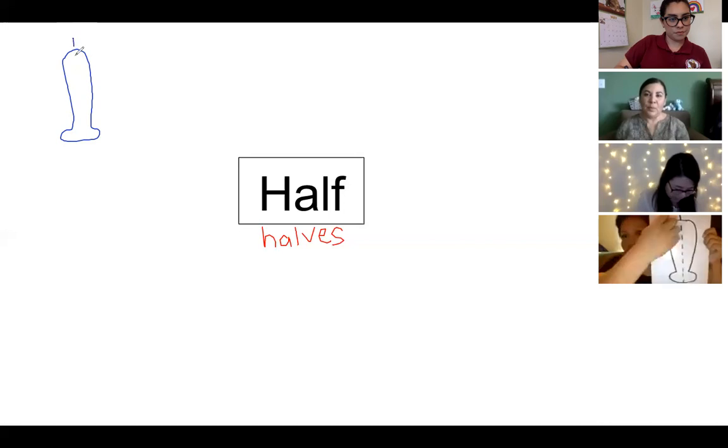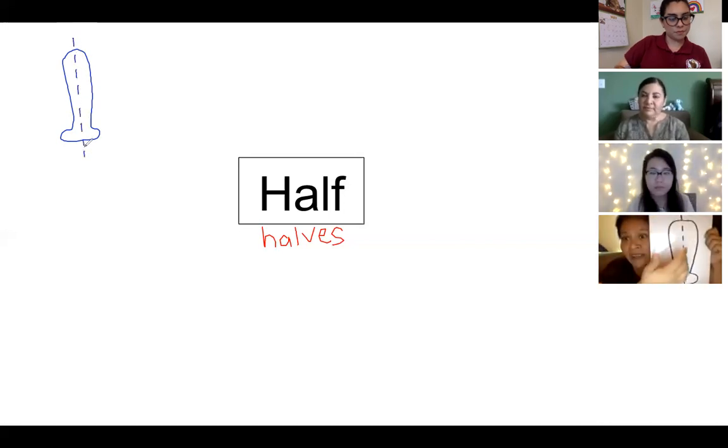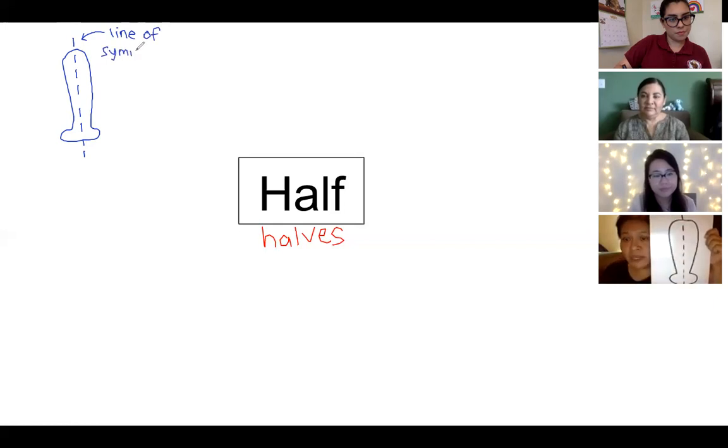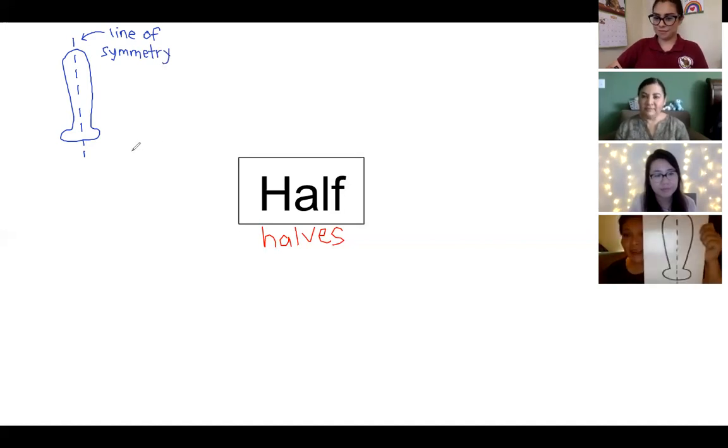Boys and girls, a line of symmetry is a line that cuts an item or a whole into two equal parts. But the tricky part is that you have to remember it has to go down the middle. So here you can see my line of symmetry, and my left side and my right side are the same. At least I tried.